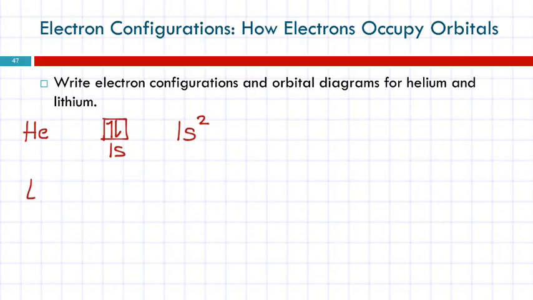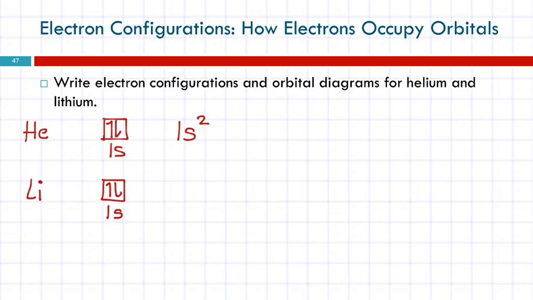So let's do lithium. How many electrons does lithium have? 3. It's element number 3. 3 electrons. So imagine 3 electrons coming into the hotel. So here's the first room, the 1s room. That's the cheapest. First electron sleeps right side up in the bed.